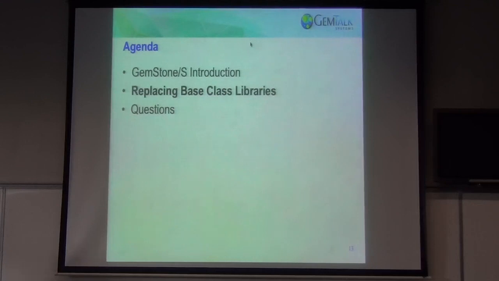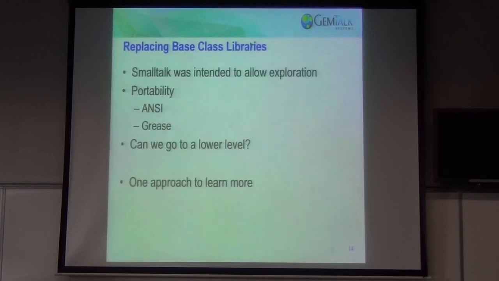We're going to look now at the topic of replacing or editing base class libraries. So why would we want to replace the base class libraries? Well, Smalltalk is designed from the beginning to allow exploration, experimentation with language design.